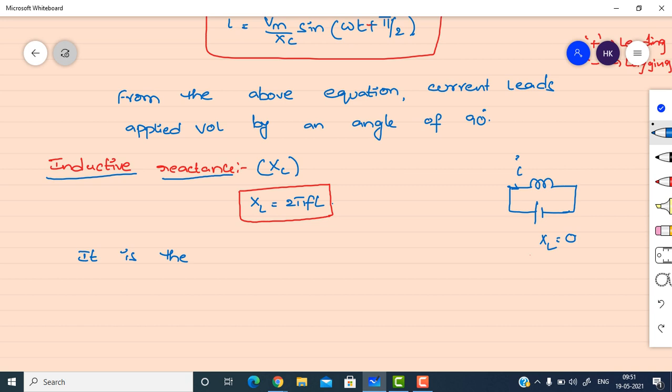Or from this equation also you can say that it is 0. XL is equal to 2 pi FL. What is the frequency of DC supply? Frequency is 0. So therefore, the XL value is also 0. So this inductive reactance is frequency dependent. Whenever there is a frequency, then only this comes into picture. So in DC circuits, inductive reactance is 0.